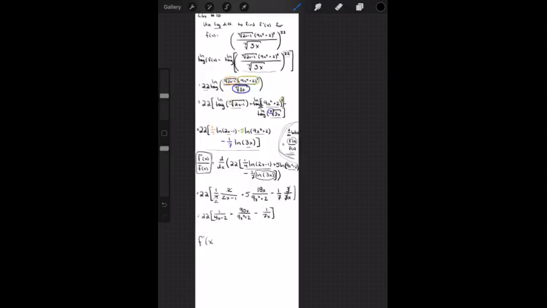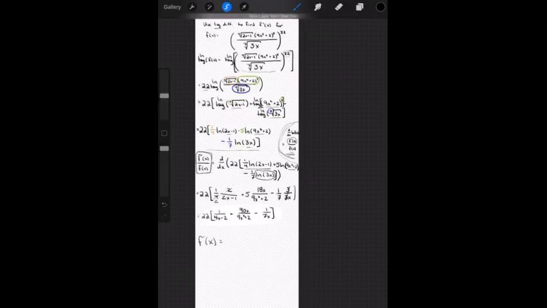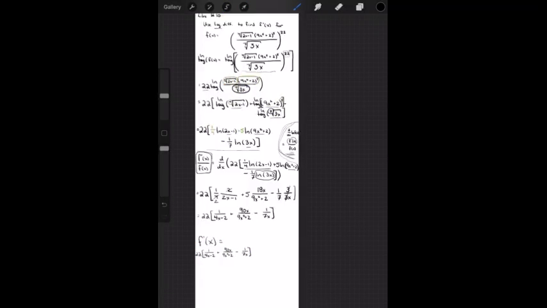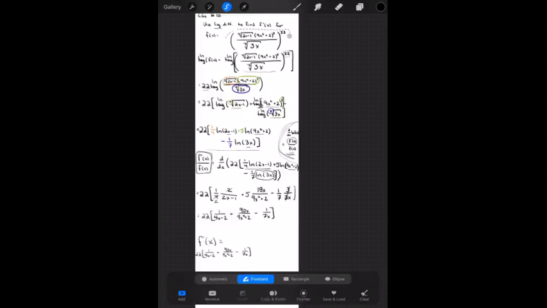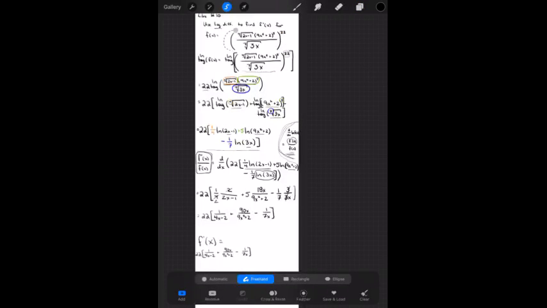So, f prime of x is going to equal this times this.